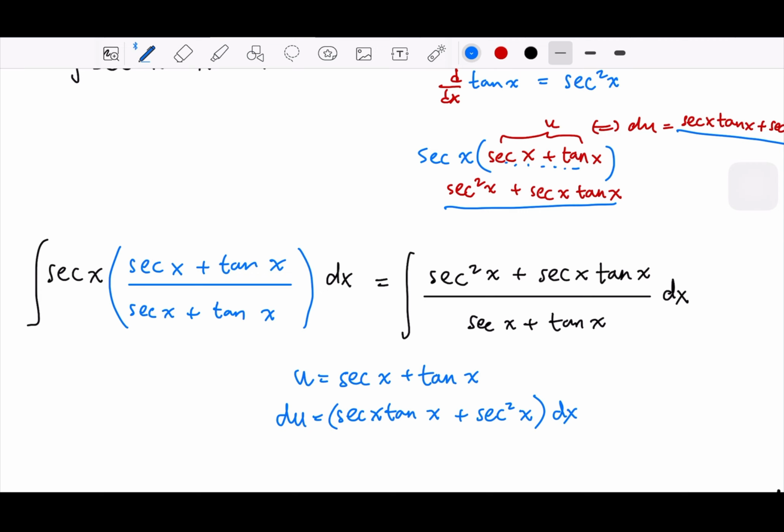So we can cancel the whole part here. So we have a nice 1 over u. So integration of 1 over u becomes ln of u, which is ln of secant x plus tangent x.